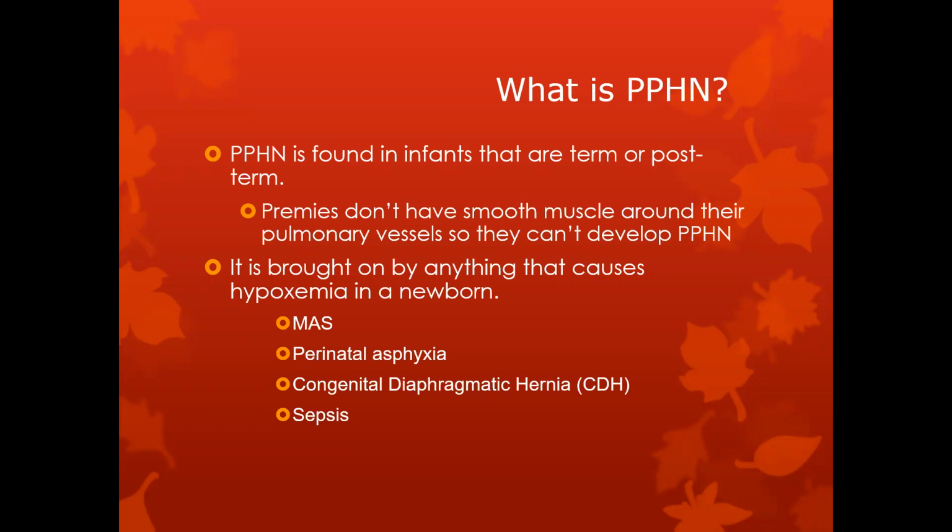When you're reading in your textbook, there's a chart with a huge list of things, but the bottom line is all of this stuff leads to hypoxia of the newborn. Once the oxygen level is low, pulmonary vessels constrict and they stay like that. So how do we get these pulmonary vessels to relax when they're so constricted? We'll talk about that.